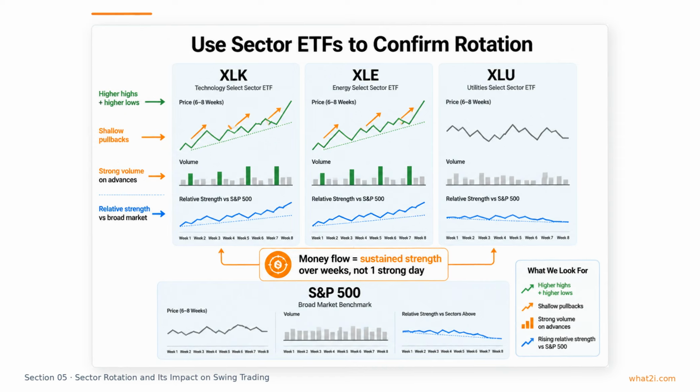It also tends to outperform the broad market on a relative basis, not just bounce for a day. That relative strength matters because real money flow usually persists over several sessions or weeks. Sector ETFs help you separate one-day excitement from actual leadership. They turn a broad idea into something you can measure on a chart.